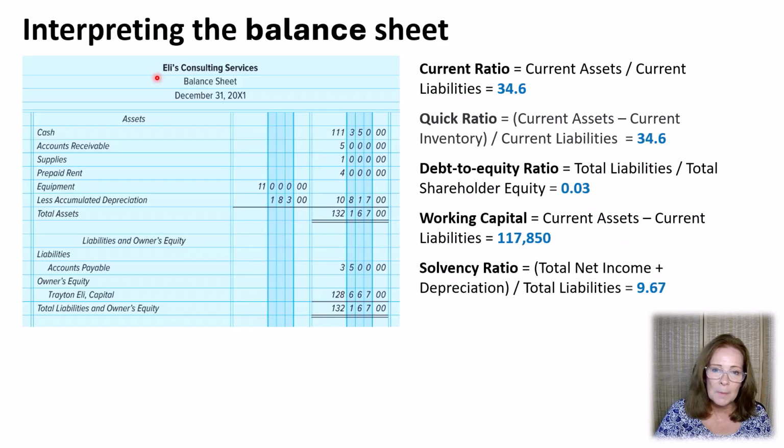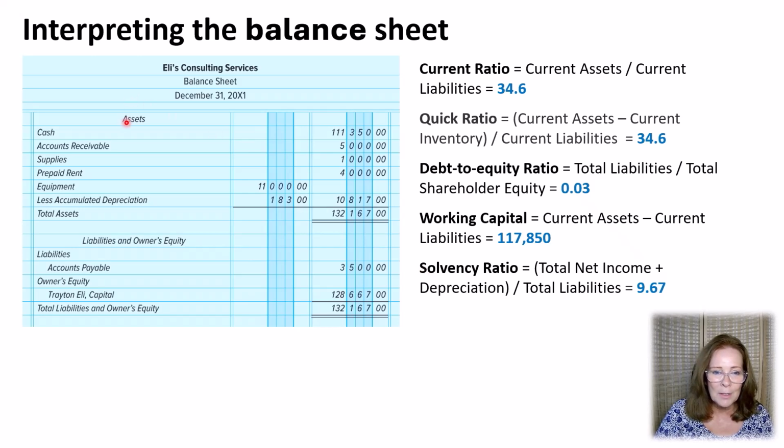The balance sheet helps us answer a lot of questions about the company's assets, liabilities, and owner's equity. Ratios are very helpful in analyzing the balance sheet, and some of the key balance sheet ratios are the current ratio, quick ratio, debt to equity ratio, working capital, and the solvency ratio. So let's calculate the current ratio for Eli's Consulting.